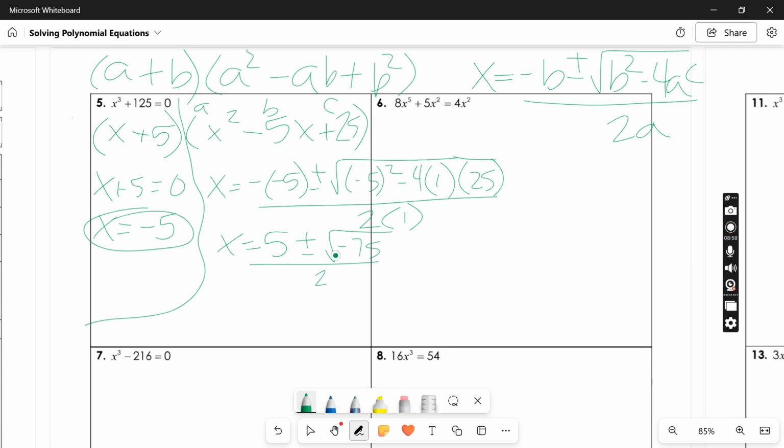There's a negative here, so that lets me know my answer is going to have an i in it. But I'm looking at the 75. 75 is not a perfect square, so I need to find the largest perfect square that goes into 75.